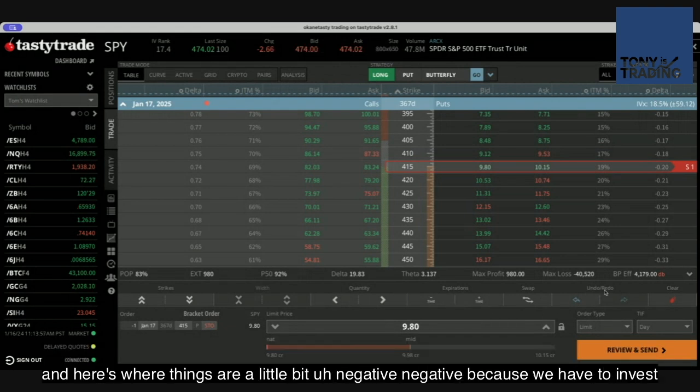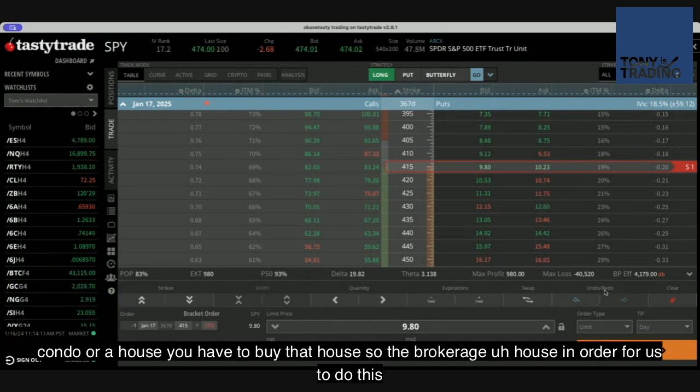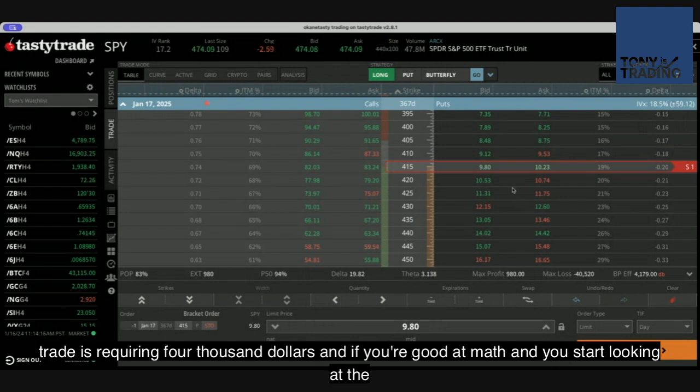And here's where things are a little bit negative. Negative because we have to invest money in order to get some income, right? If you want to get a rental income from an apartment or a condo or a house, you have to buy that house. So the brokerage house, in order for us to do this trade, is requiring $4,000.